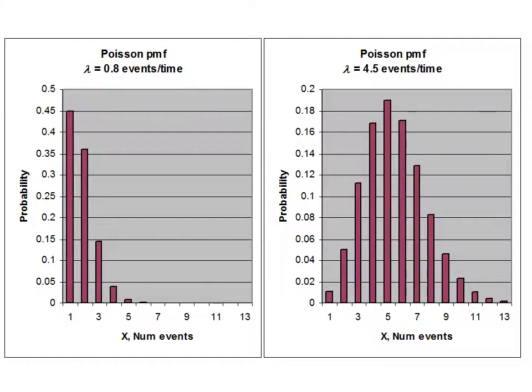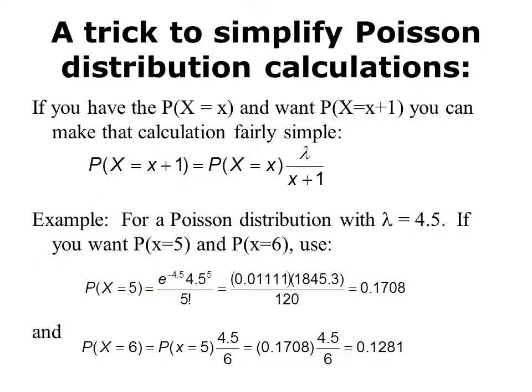Here's the probability mass function for the Poisson distribution with a couple different values of lambda, and you can see that depending on the value of lambda, it can have a very different shape. There's actually a trick to simplifying Poisson distribution calculations that can be very handy.